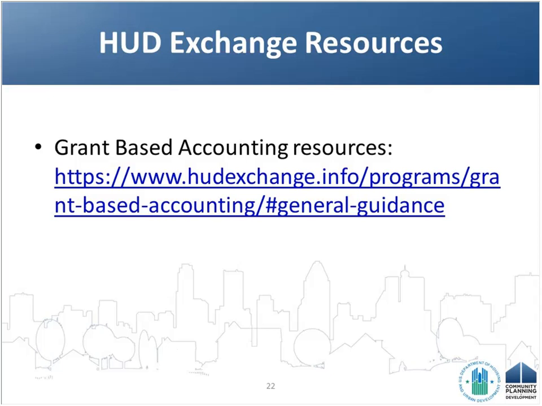The answer is no, you cannot do that because the program income has to be used first before you draw down any grant funds. Although we offer to use program income as an interim solution, that means if you have program income on hand when you're trying to remediate this expenditure test, you can use program income. It doesn't mean you can swap funds from an existing activity.